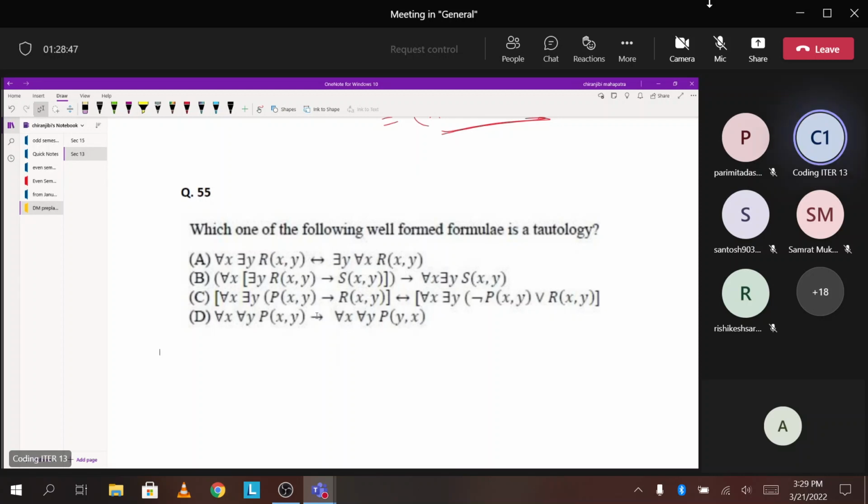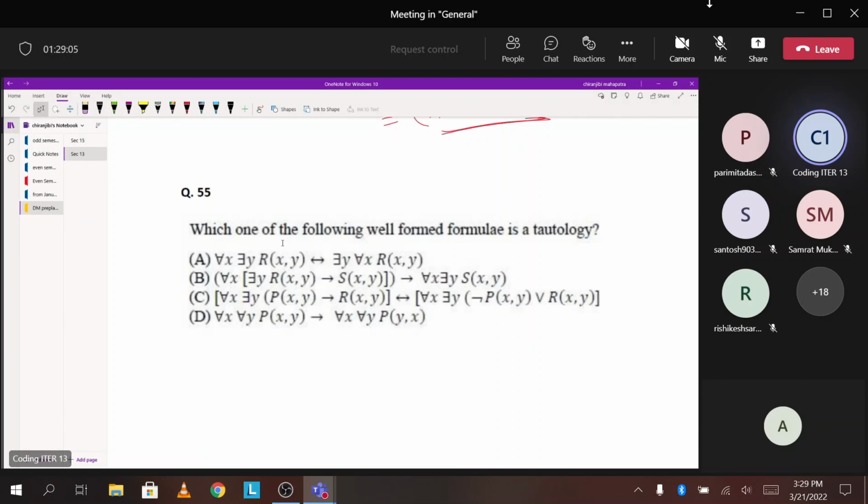ओके, ठीक है, तुम लोग तो कुछ आंसर नहीं दे रहे हो, तो मैं बता देता हूँ यहाँ पे। सो दिस वन इज okay, which one of the following is formally a tautology?